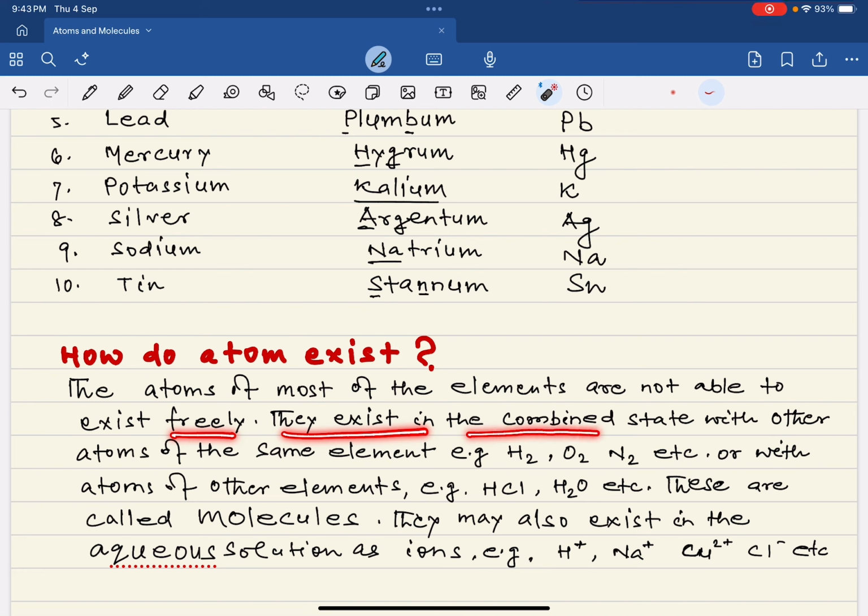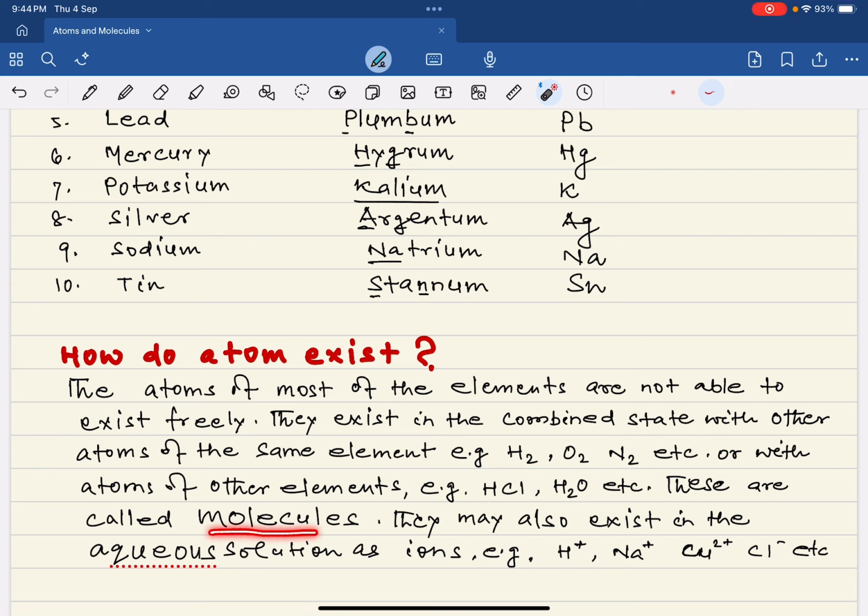They exist in a combined state with other atoms of the same element, for example hydrogen, oxygen, nitrogen. In this case, two similar atoms combine together and form a molecule, or combine with atoms of other elements, heteroatoms, like HCl, hydrochloric acid, and H2O, water.